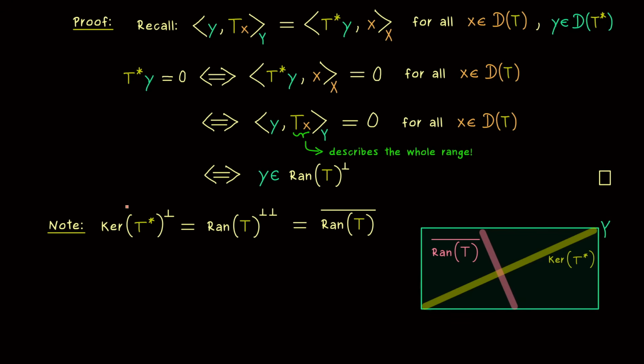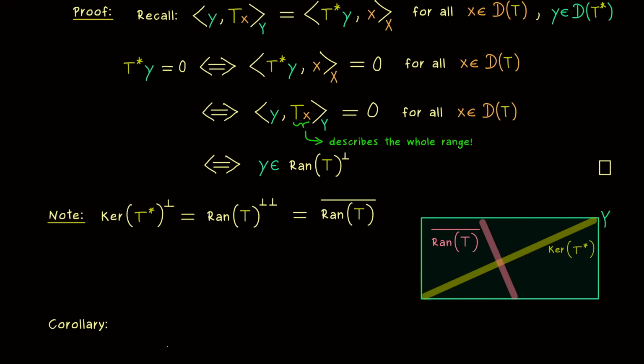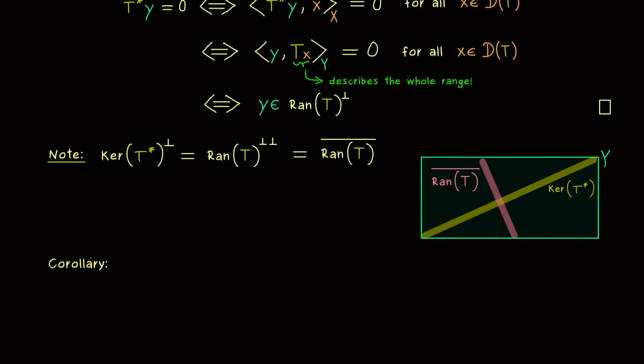So this is what our result here tells us. The Hilbert space Y is split into two parts by the operator T. And since we will use this decomposition later in this video series, let's formulate it as a corollary.